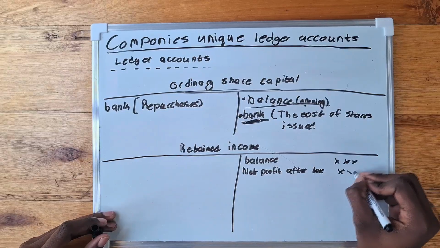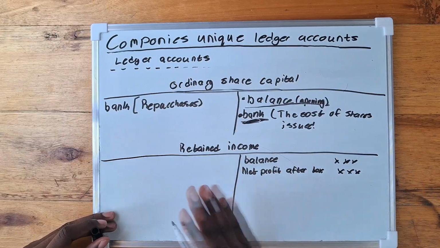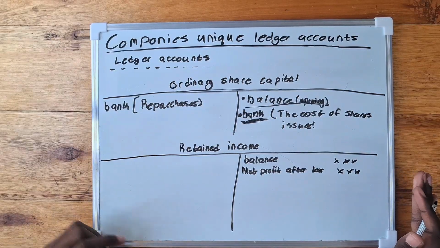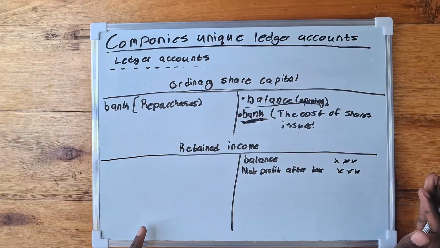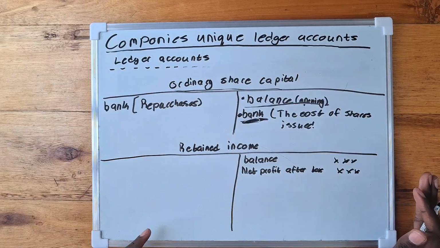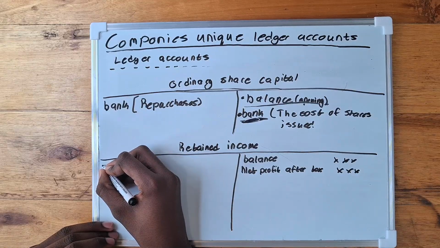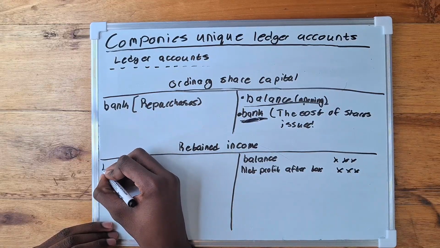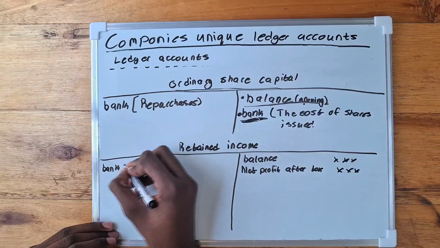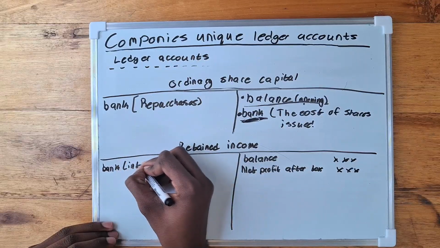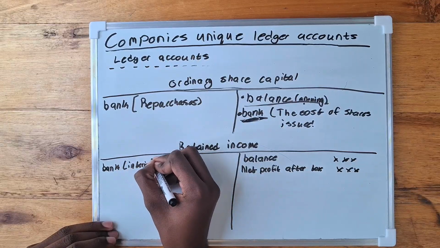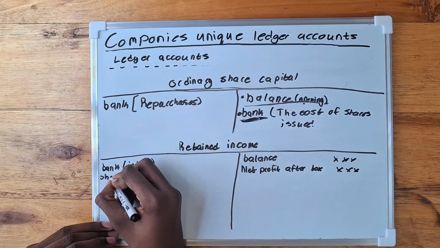You put the amount here, so now you're covered on this side. Then you move to this side, where you have your bank, which is your interim dividend, and then you've got your shareholders for dividends.